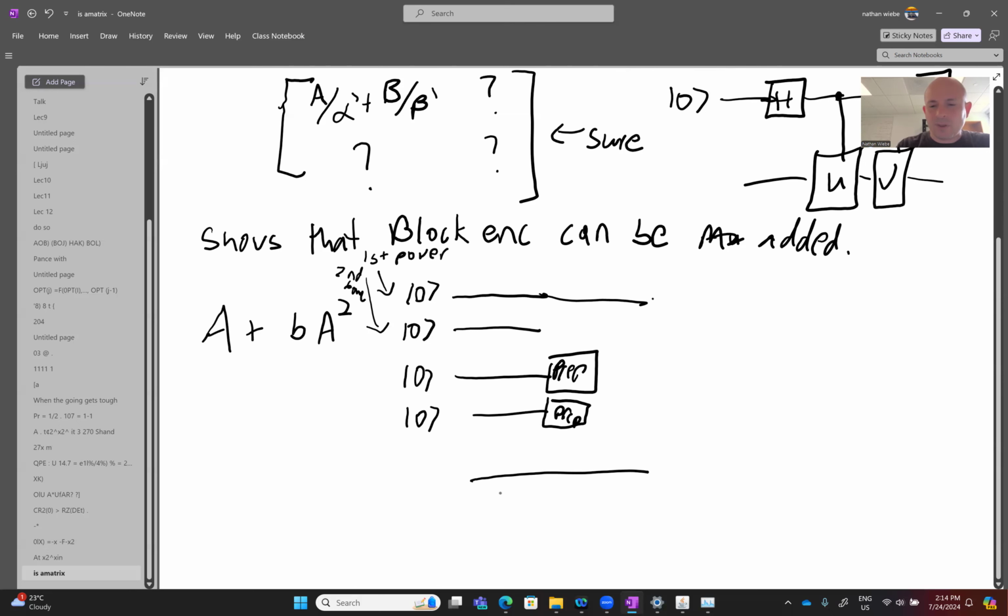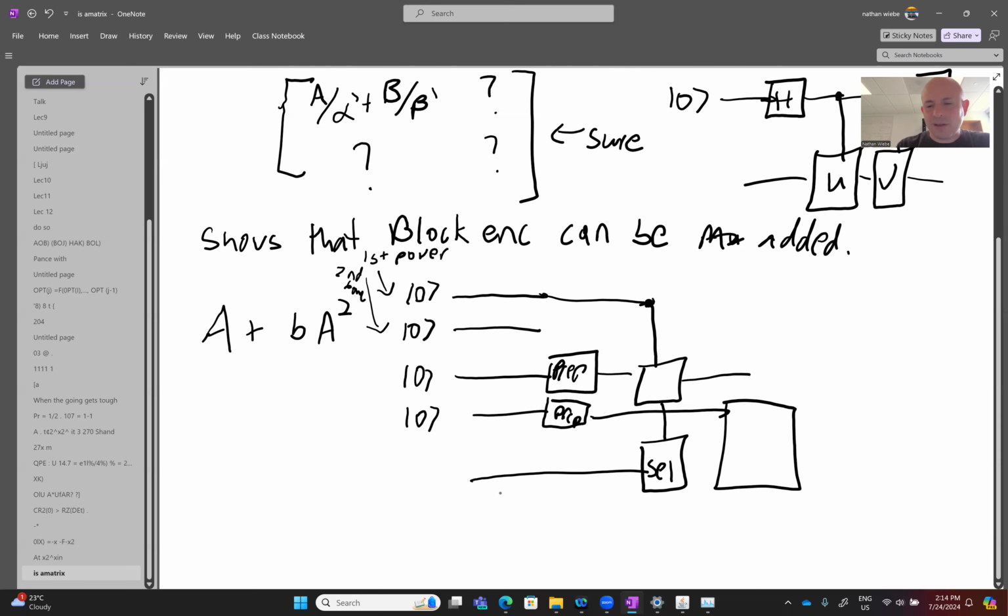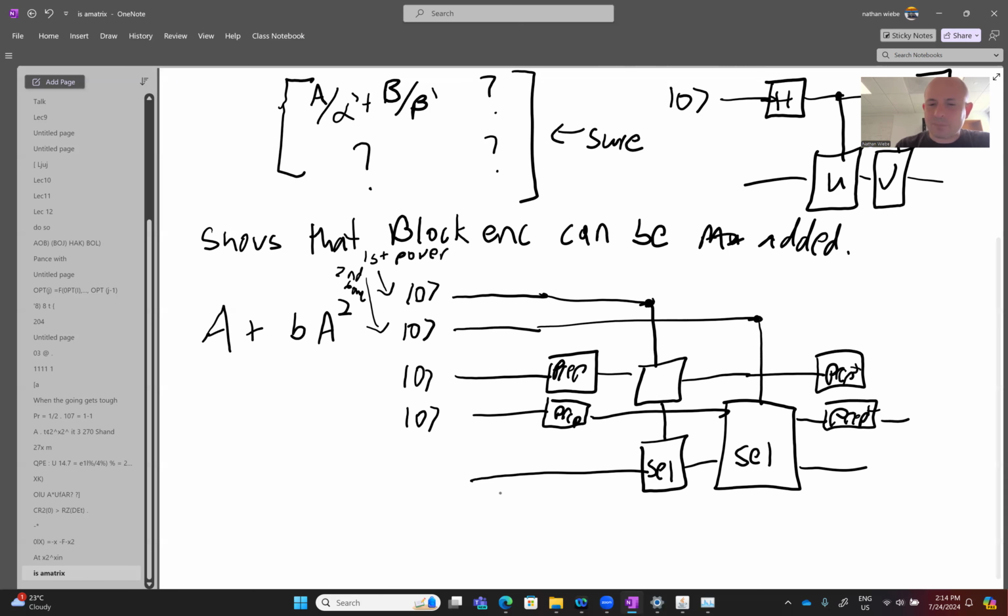Then what I do is the following. I'd build a select circuit that takes in the first one, and then a select circuit that takes in the second one, then controlled off of these two qubits, and then prep dagger and prep dagger.